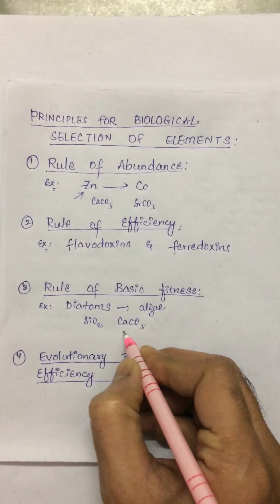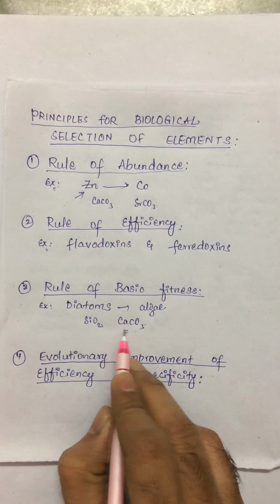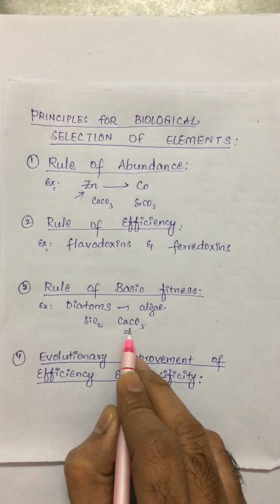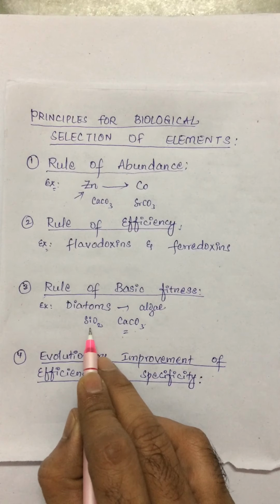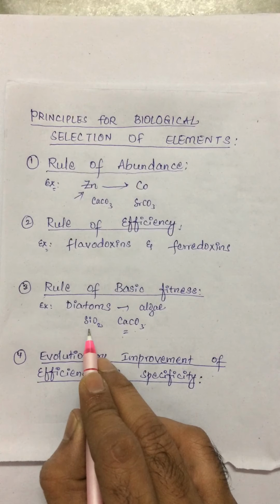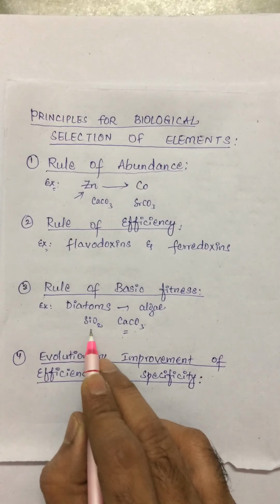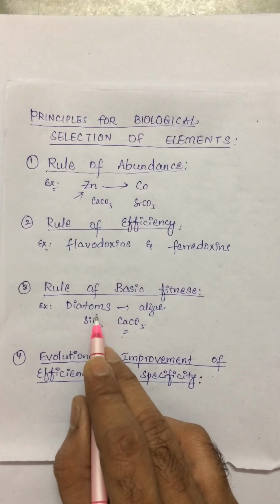So though calcium is abundant, and calcium is also efficient as calcium carbonate in forming a protective shell, nature has chosen silica for making a protective covering. This is simply because this silica coat could be transparent and it can allow the sunlight so that these diatoms can survive by the process of photosynthesis.